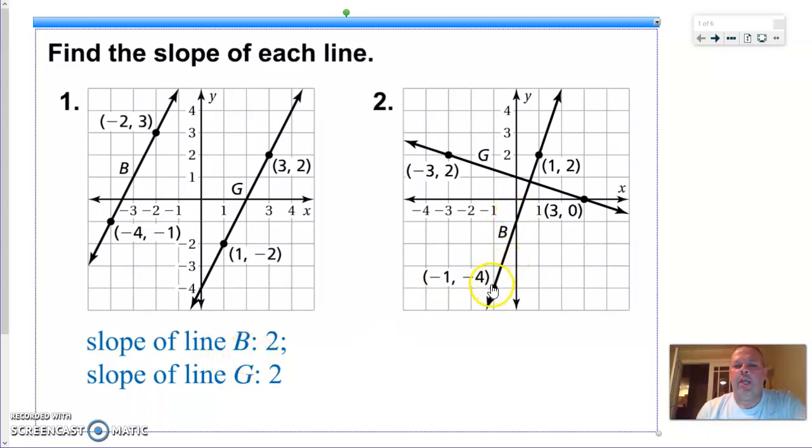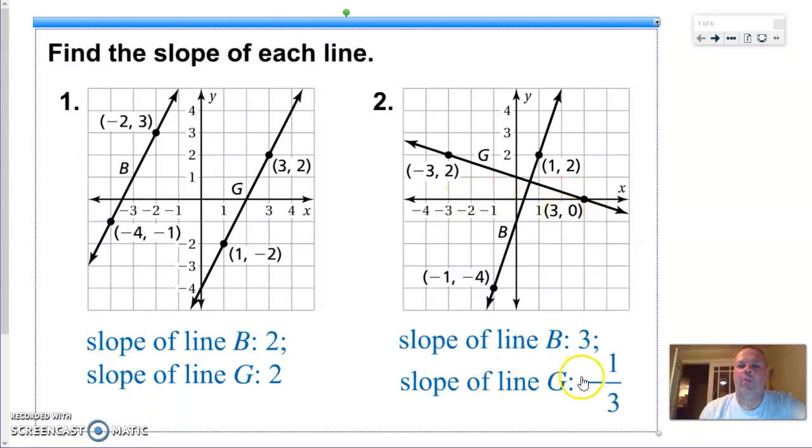Line B is up 1, 2, 3, 4, 5, 6, and over 2. That is a slope of 3. So up 6 over 2 is 3. This one is down 2 over 1, 2, 3, 4, 5, 6. So we have negative 1/3. 3 and negative 1/3 are those slopes.